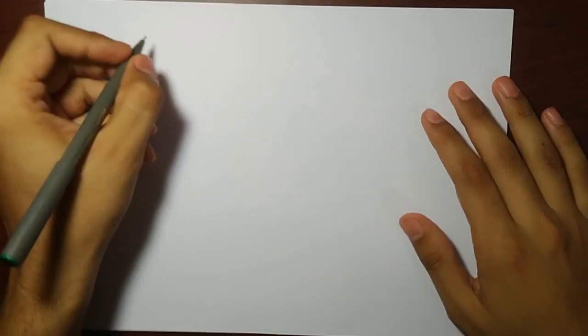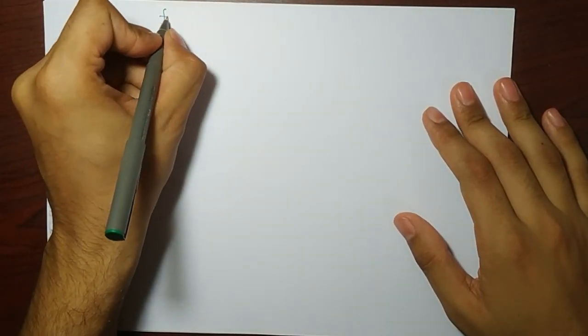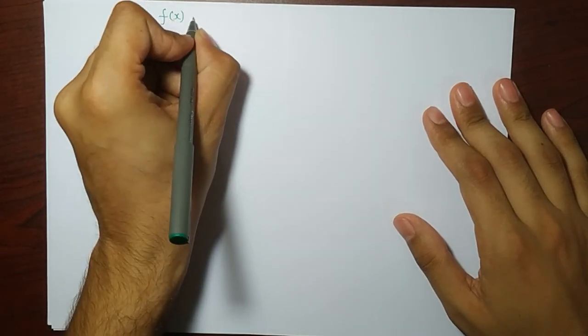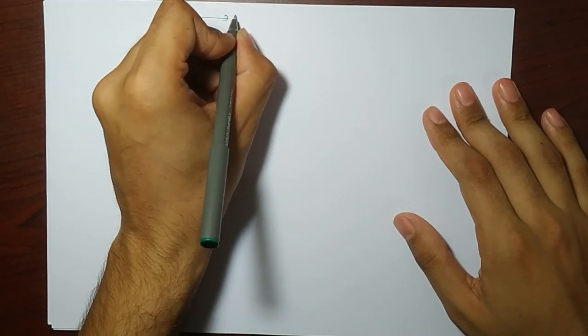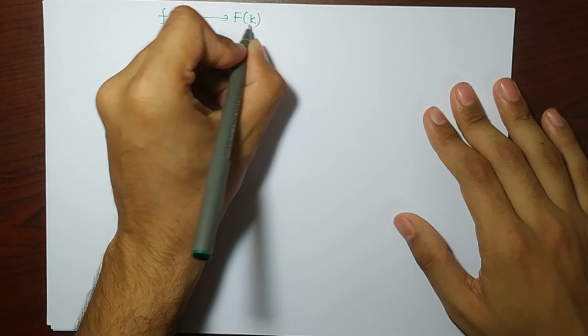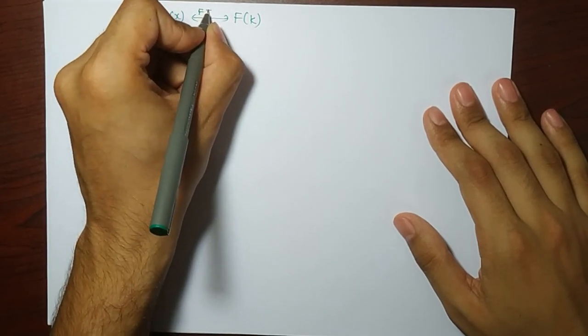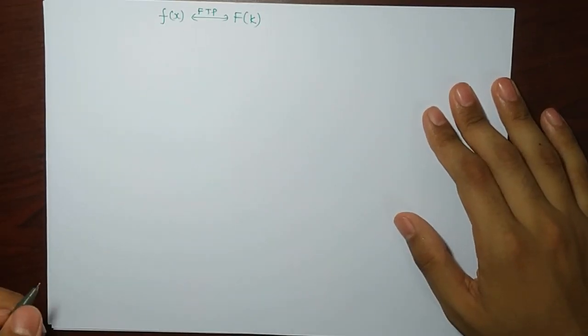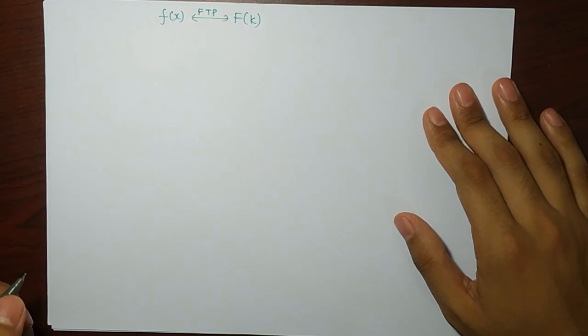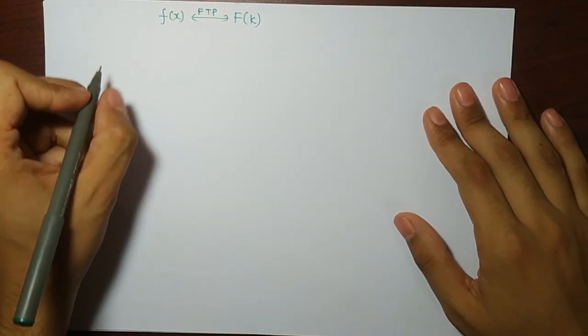So what are the basic things we can do with a signal? Before starting, let us assume that f of x and f of k are the Fourier transform pair. So what are the basic things we can do with this signal f of x?